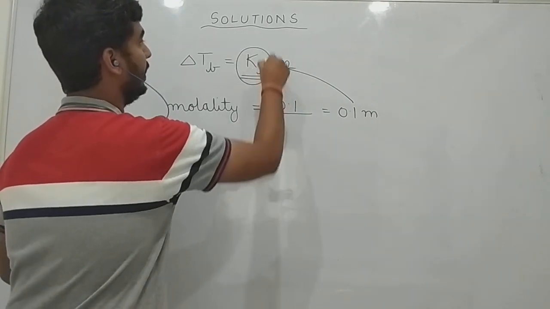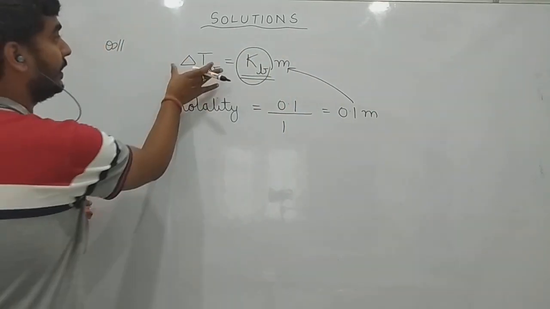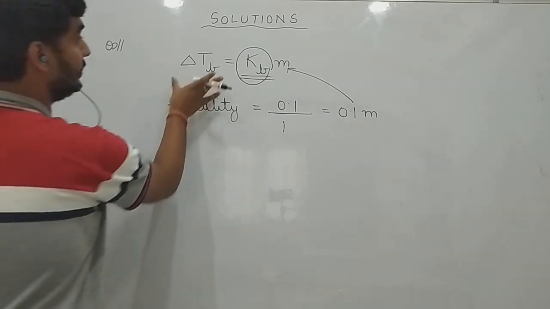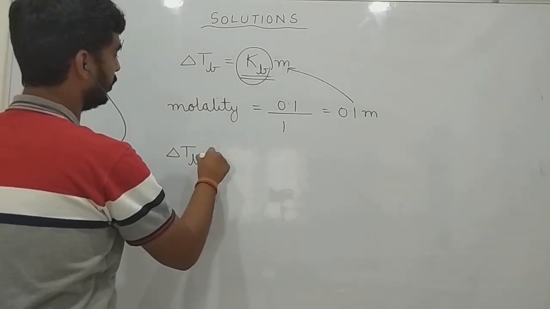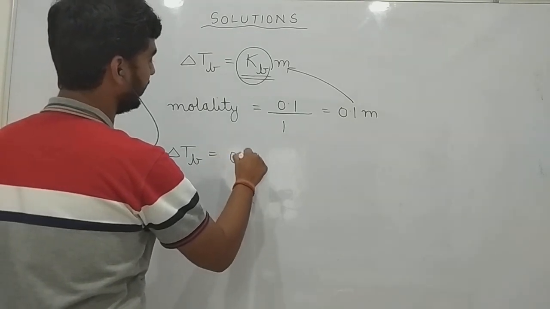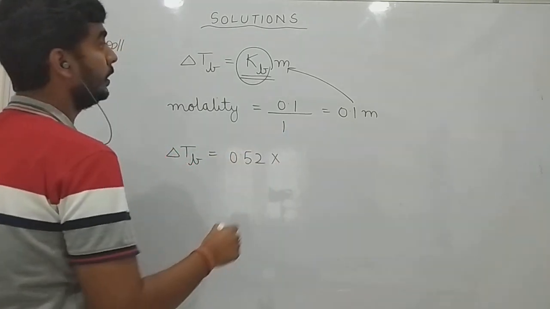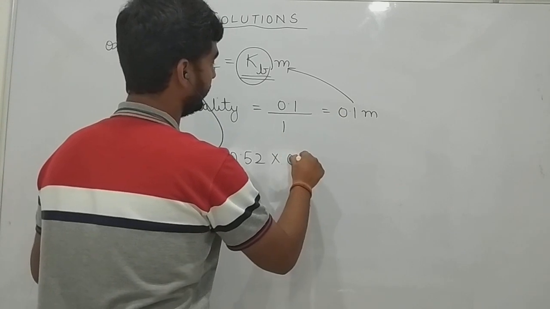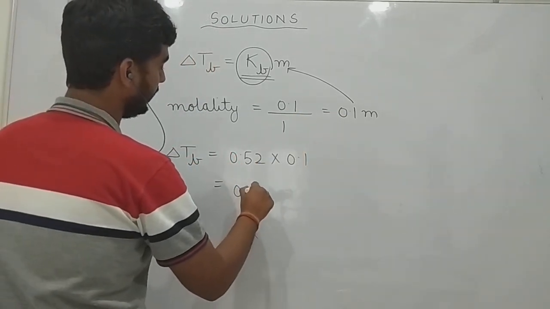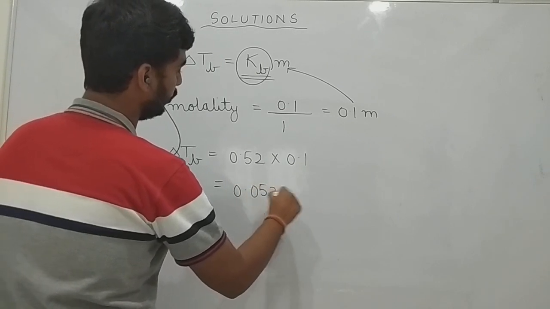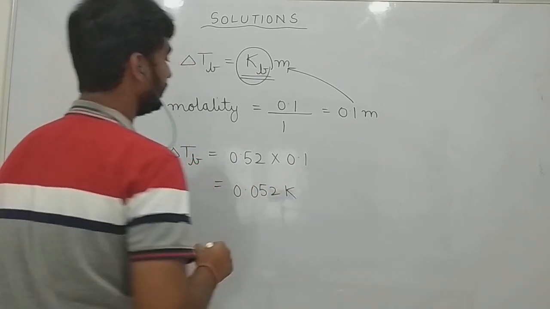Now we know the molality of the solution. We have been given Kb, so we can find out the change in the boiling point. So the change in the boiling point, delta TB, is equal to Kb, which is given as 0.52, into the molality we have calculated. So it comes out to be 0.052 Kelvin.